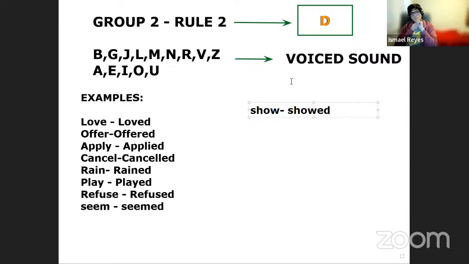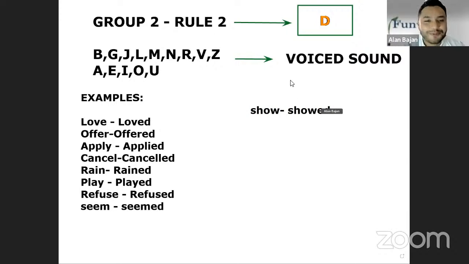The sound of the U as in uniform is U. All right. Please take a screenshot and share it in the group, please.